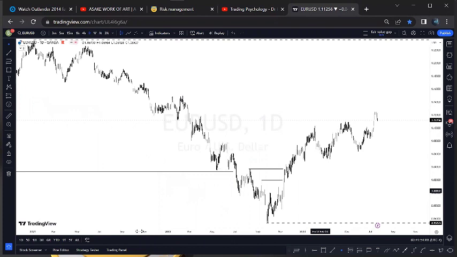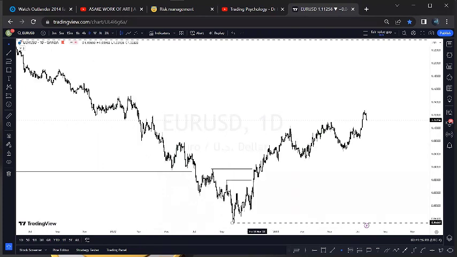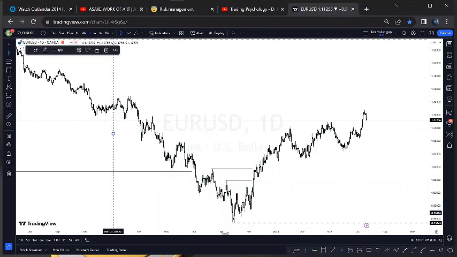You can see on this time frame, we have the whole of 2022. The whole of 2022 down to 2023 was a bearish market. It was late 2023, from November till December, that we had a break in market structure.